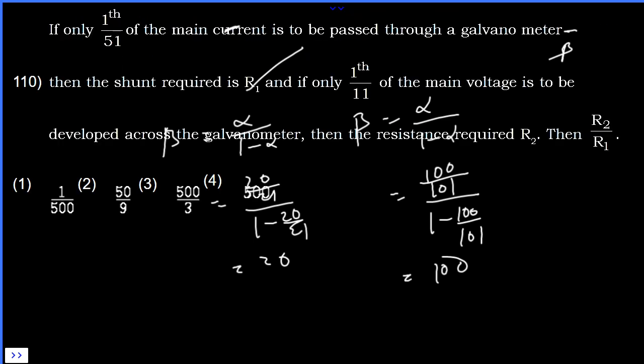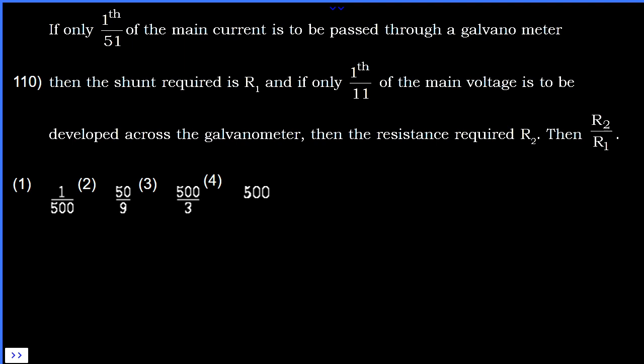Next problem is 110. If only 1 by 51 of the main current is passed through a galvanometer, then the shunt required is R1, and if only 1 by 11th of the main voltage is to be developed across the galvanometer, then the resistance required is R2.